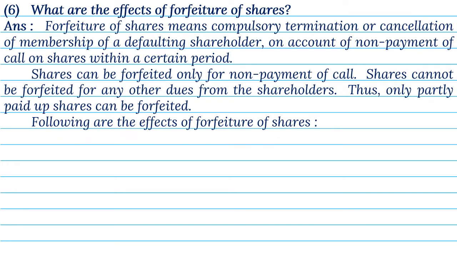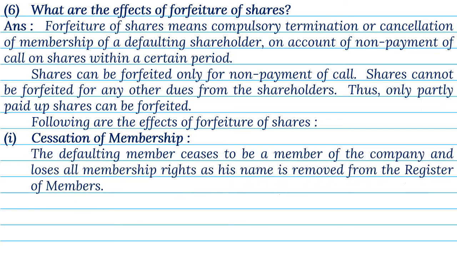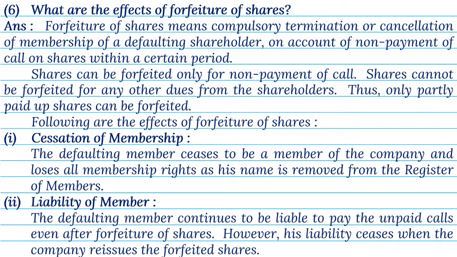Following are the effects of forfeiture of shares. 1. Cessation of membership. The defaulting member ceases to be a member of the company and loses all membership rights as his name is removed from the register of members. 2. Liability of member. The defaulting member continues to be liable to pay the unpaid calls even after forfeiture of shares.